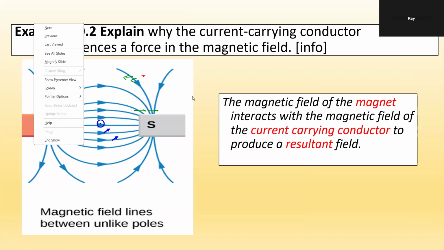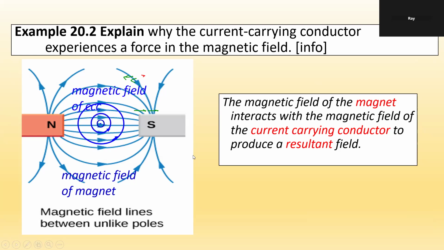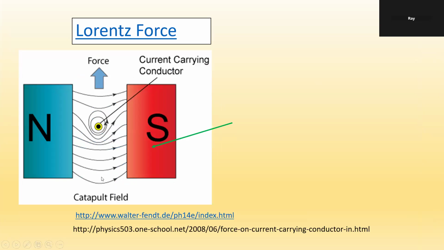Basically, there's a current carrying conductor and a magnetic field of the magnet. The two fields will interact, with a stronger field on one side and weaker field on the other side, so you push the wire out with a force. You don't need to know that.